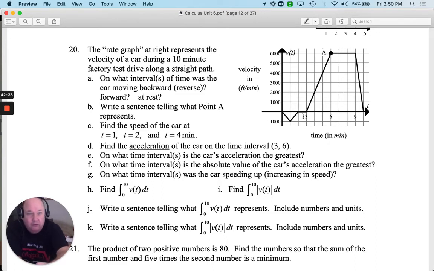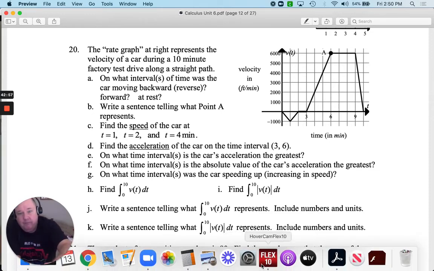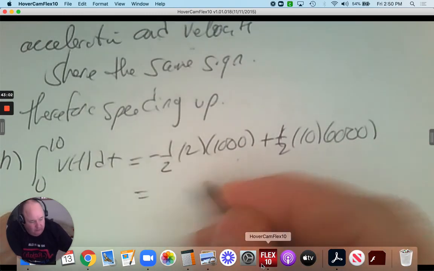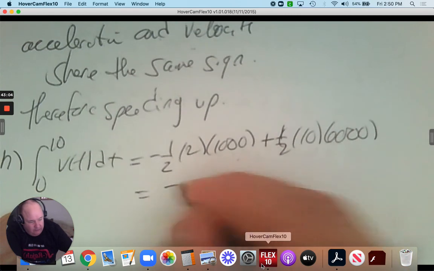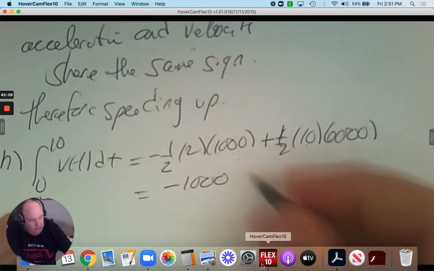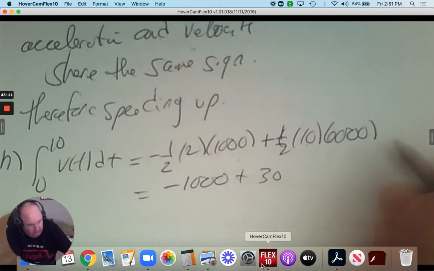The bases are 3 and 7. So 3 on top, 7 underneath, together it's 10. The height of that trapezoid is 6,000. So you have the triangle and then the big trapezoid. Half of 2,000, that's negative 1,000. Here, half of 10 is 5, times 6,000, that's 30,000.